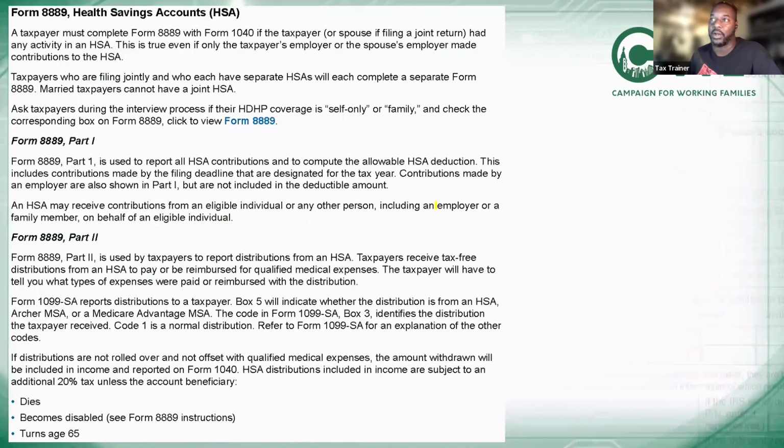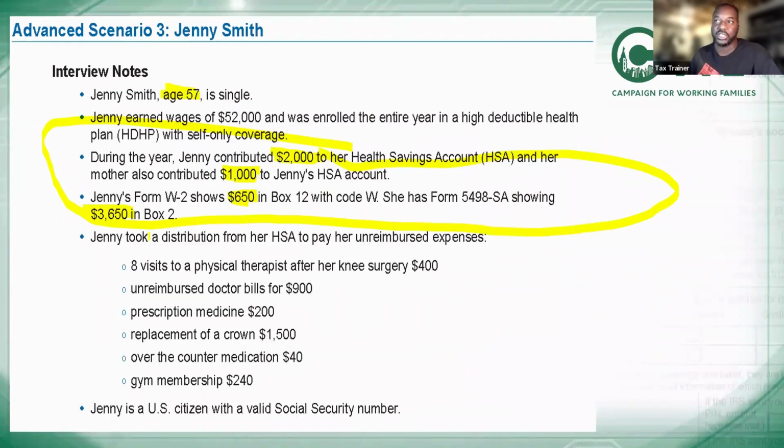Now, what we're going to talk about is distributions. Distributions, me taking the money out. So now I need to understand that I only can take it out for qualified medical reasons. So 8 visits to a physical therapist after knee surgery for $400. Do you think that qualifies? Yes. How about some unreimbursed doctor bills?